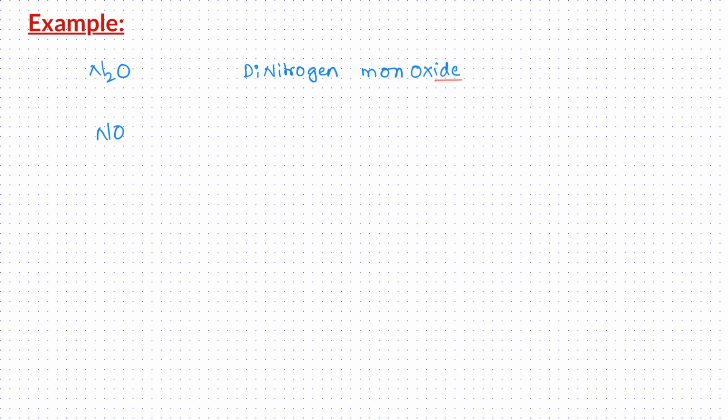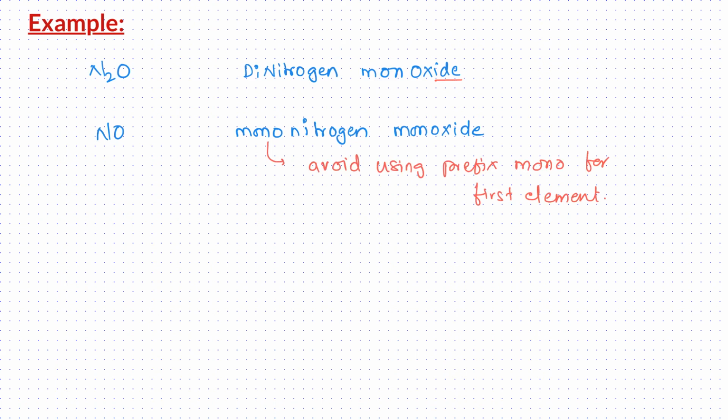Next, NO. We have one nitrogen, that is mononitrogen, followed by one oxygen, that is monoxide. If the number of atoms of the first element is 1, we usually avoid using the prefix mono. Therefore, the name becomes nitrogen monoxide.